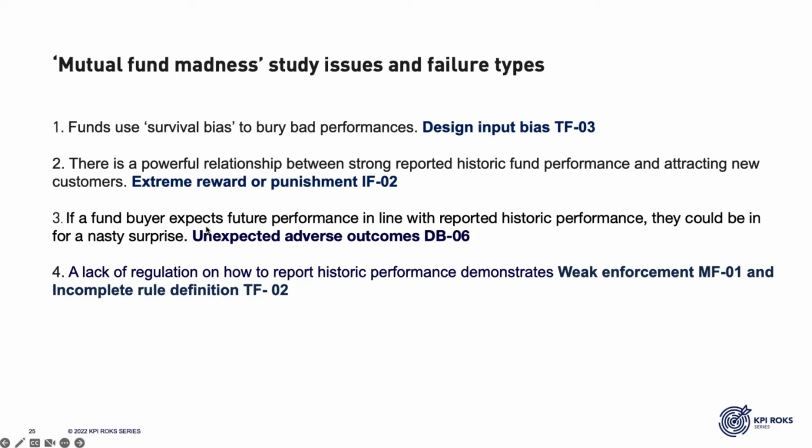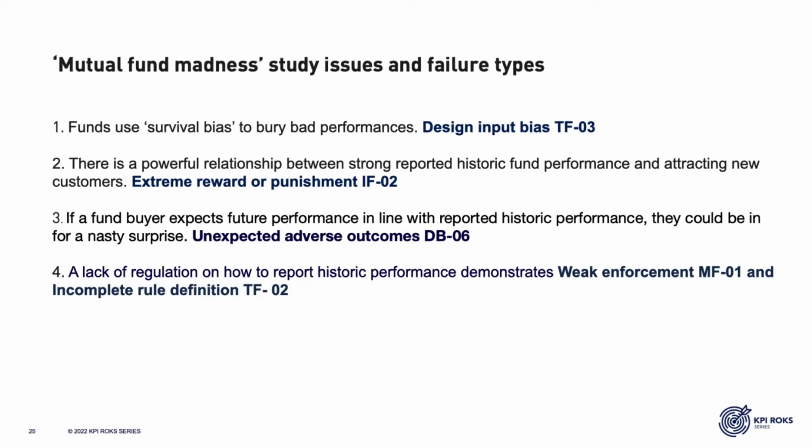Then if a fund buyer expects future performance in line with reported historic performance, they could be in for a nasty surprise. This is unexpected adverse outcomes. It's something you don't expect, but it can jump on you. Then there is the lack of regulation on how to report historic performance. So there is no regulation here.